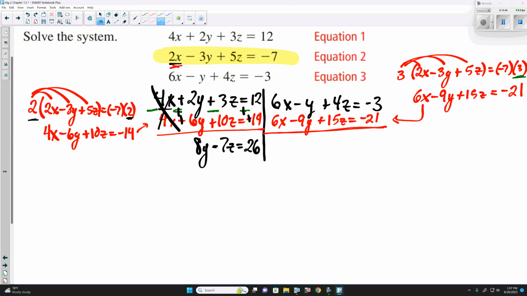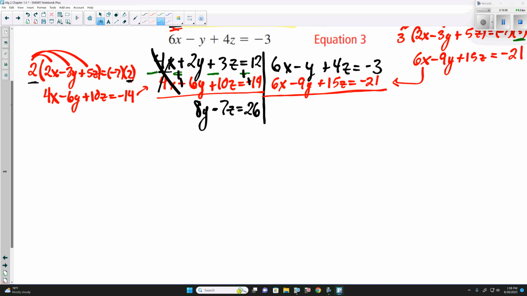This 3 here, what do we do with it? We multiply it by the negative 7. Because to do this, whatever we multiply the one side by, we also have to do the other. We have to multiply the whole thing by it.